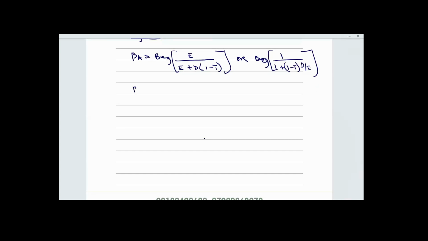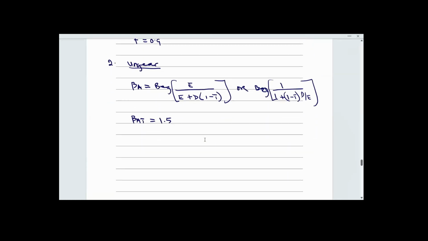So beta assets is equal to, for we want to calculate beta asset for training service. Beta assets of the training, BAT, beta asset of training equal to 1.5. Is it 1.5? Yes, 1.5 multiplied by equity value of training.